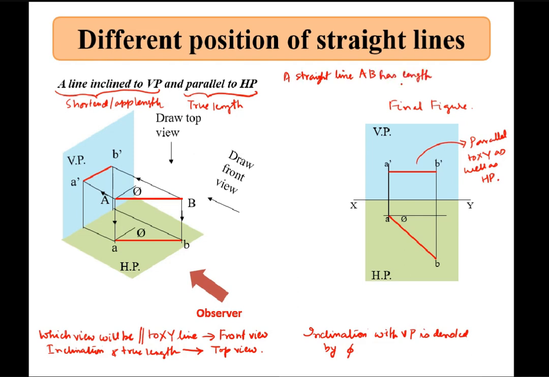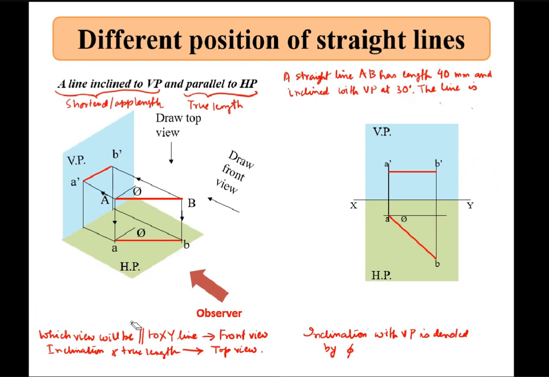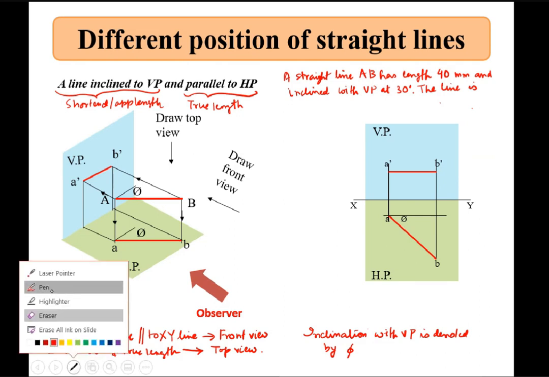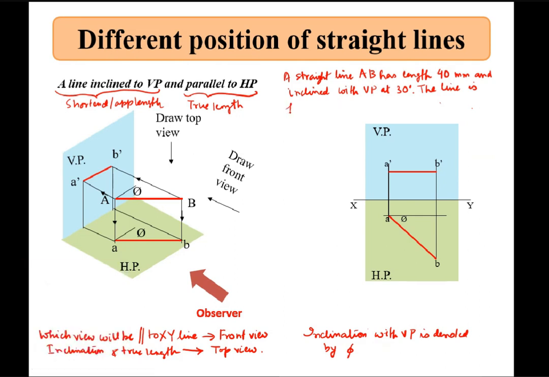A straight line AB has length 40 mm and inclined with VP at 30 degree. The line is parallel to HP.